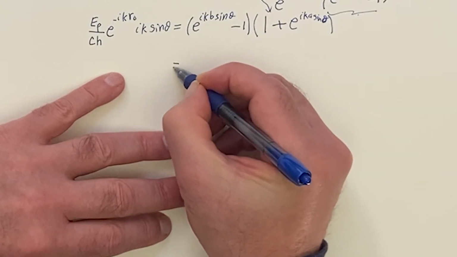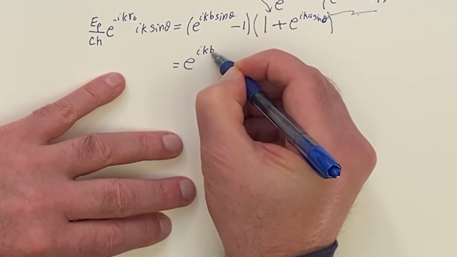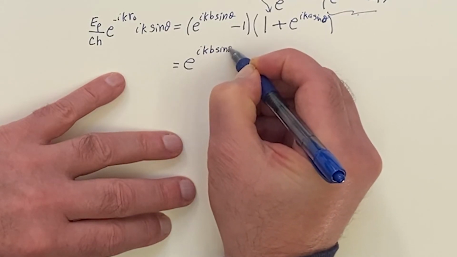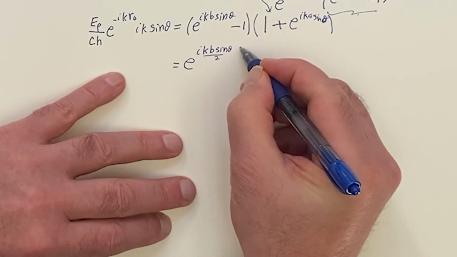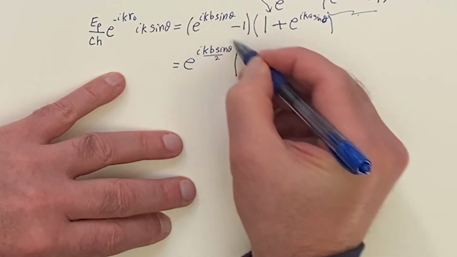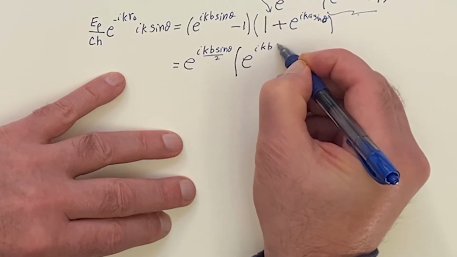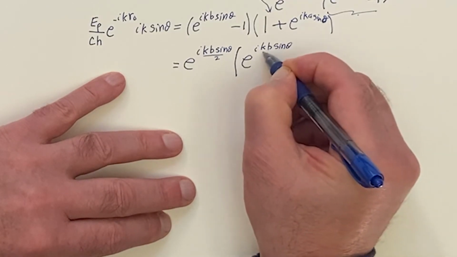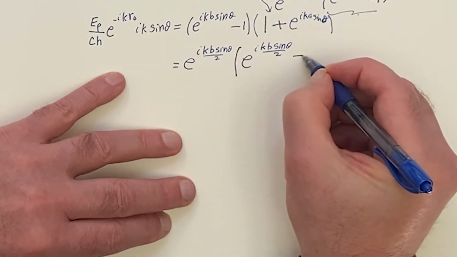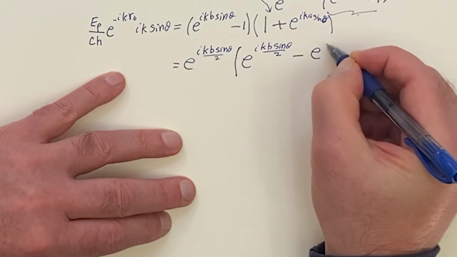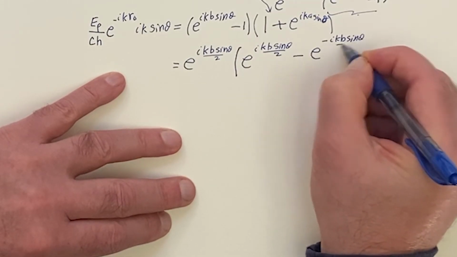Now watch this trick. If I pull out ikb sine of theta over 2, then I'll have an e to the ikb sine of theta over 2, because when I multiply these, I'll get one of them in the exponent. But then here, to get that minus 1, I need a minus ikb sine of theta over 2.